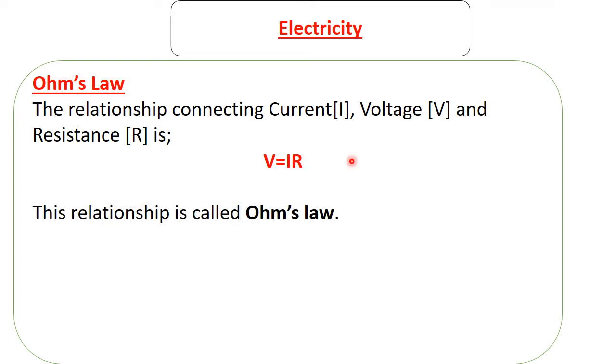Remember, voltage is being used to represent potential difference and the EMF. So this V is representing the others, but we don't use PD or EMF, we just write V. If the question, for example, is to find the potential difference, we can use this, and then we can write at the end that the potential difference is this. So this relationship is what they call Ohm's law.